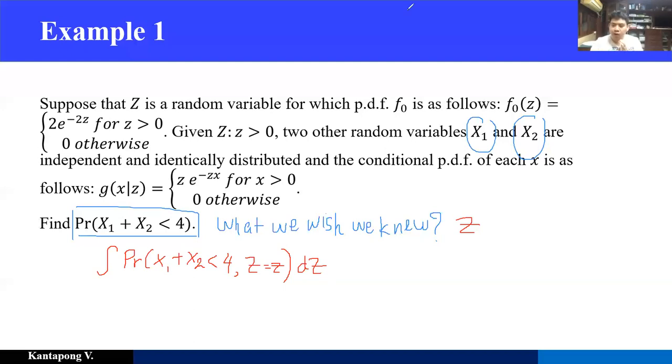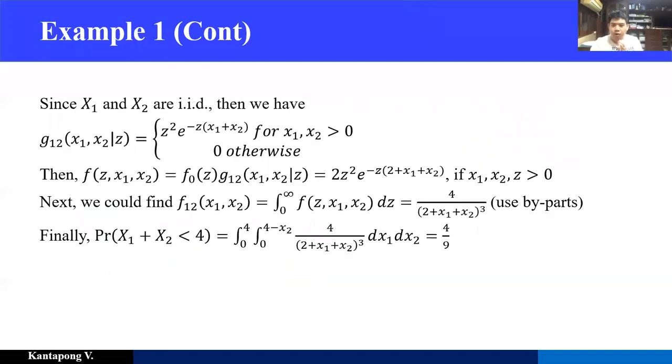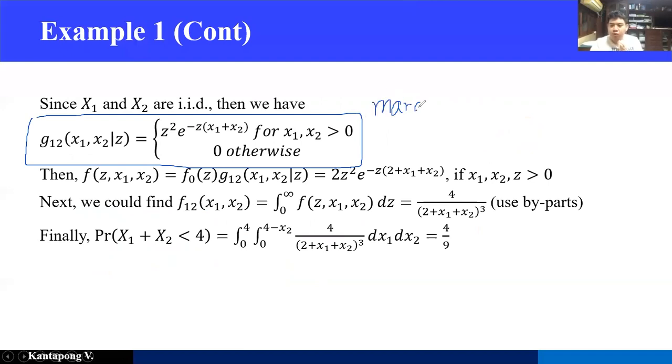Okay, so let's see the solution. Because we know that they are IID, what can we conclude? We can conclude that we can multiply these two together to get the joint probability. Remember, if we have the marginals, can we always get the joint?